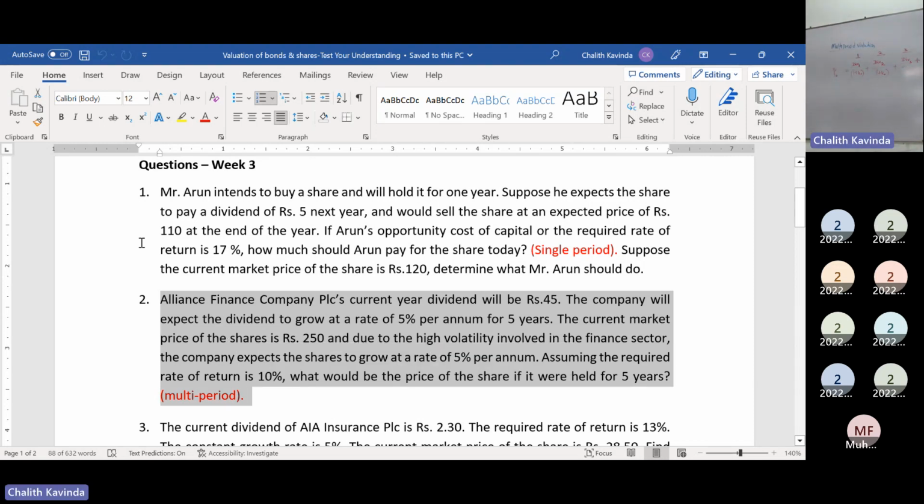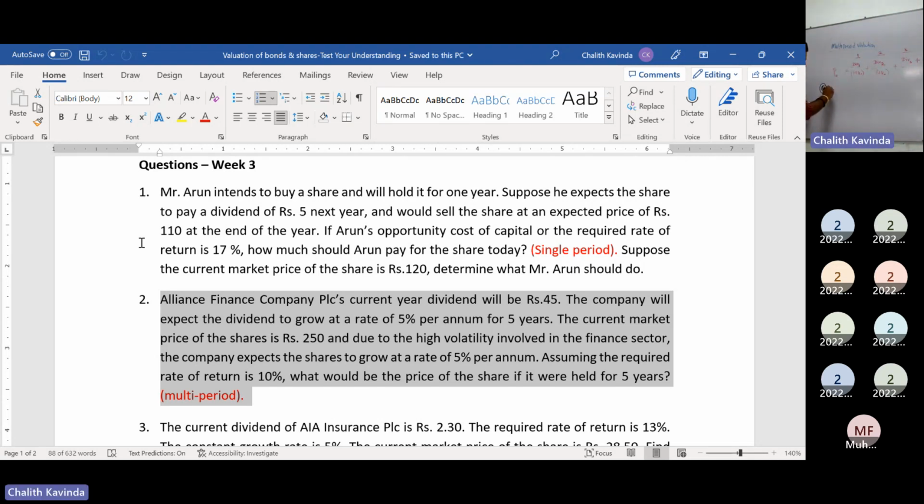So here it says, Alliance Finance Company PLC, current year dividend will be 45. This is question number 2.